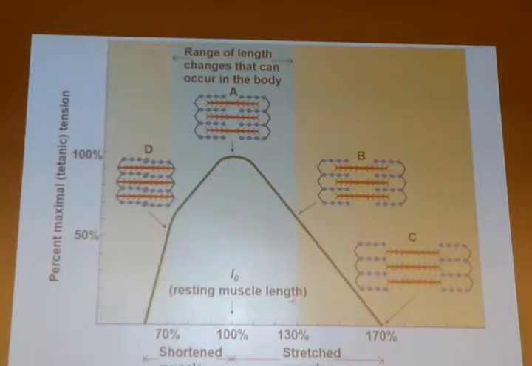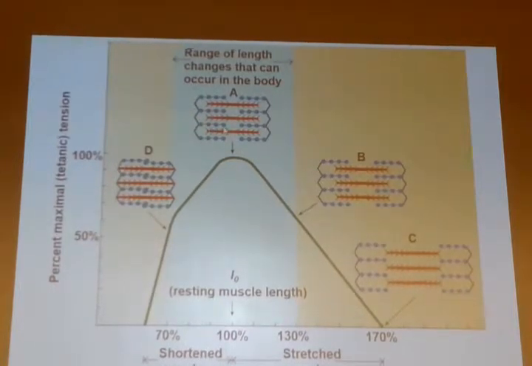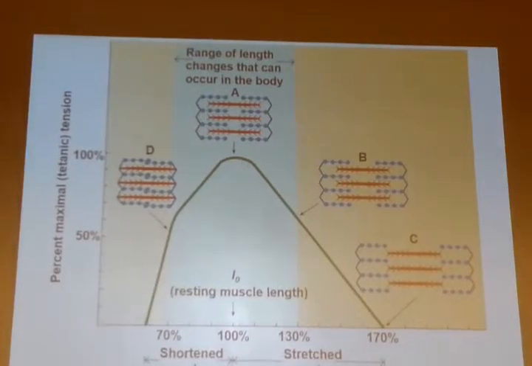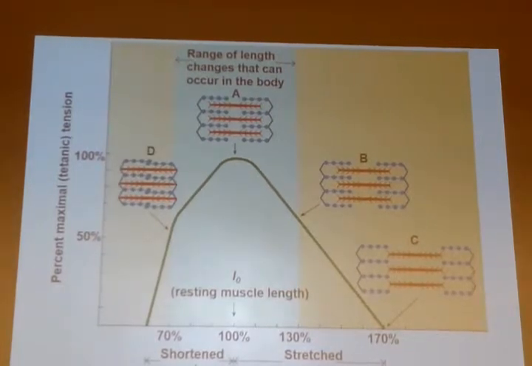So, resting length of the muscle. If you're at optimal overlap of actin and myosin, you will generate the maximum amount of muscle tension in that muscle cell.